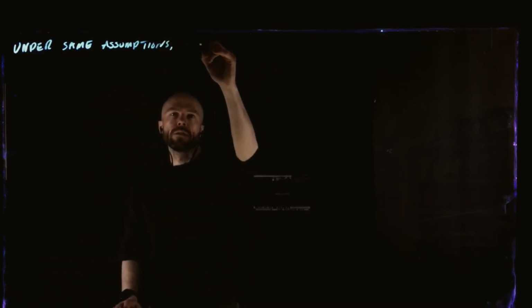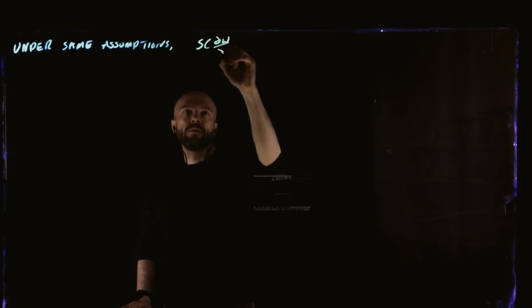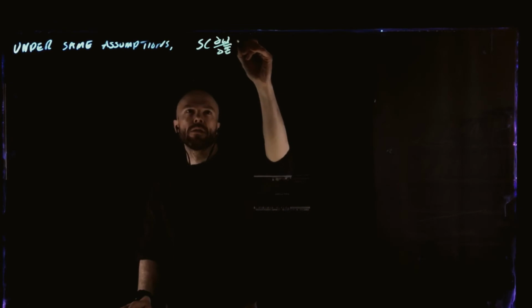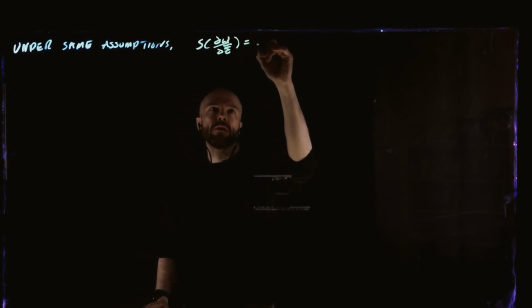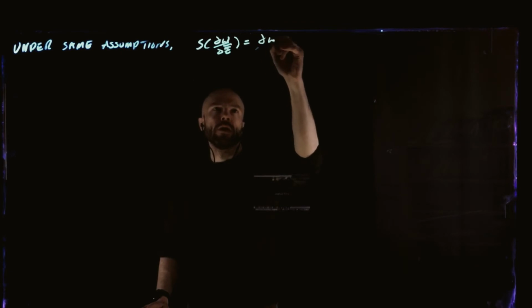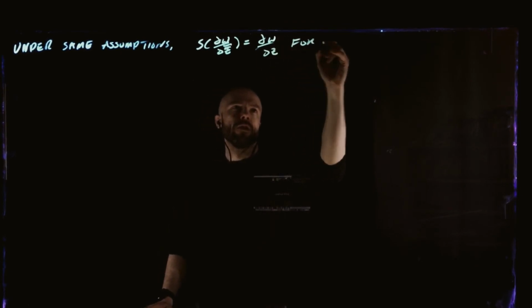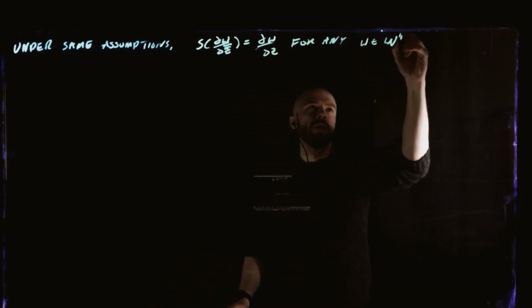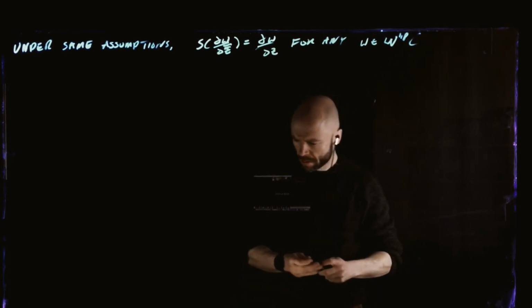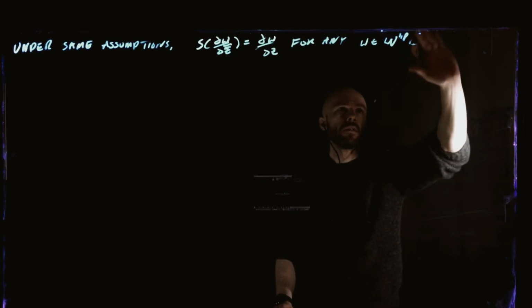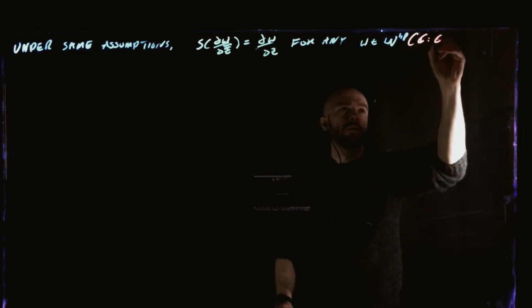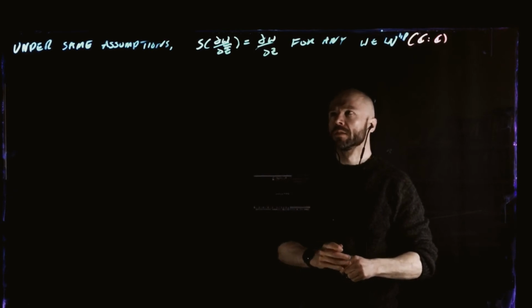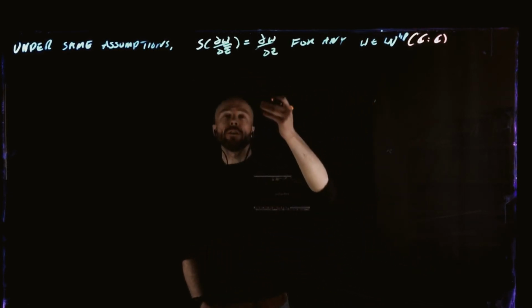We'll have that S of dw by dz bar is equal to just dw by dz for any w belonging to W^{1,p} of the complex plane, the complex plane like this, okay? And that's going to follow in exactly the same way.